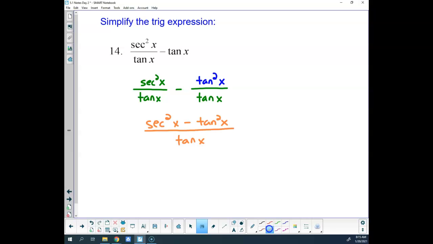You want to tweak secant squared, or do you want to tweak tangent squared? Secant squared? What is secant squared? No, even better. Tangent squared plus 1? Yep. Secant squared is tangent squared plus 1. Like that.